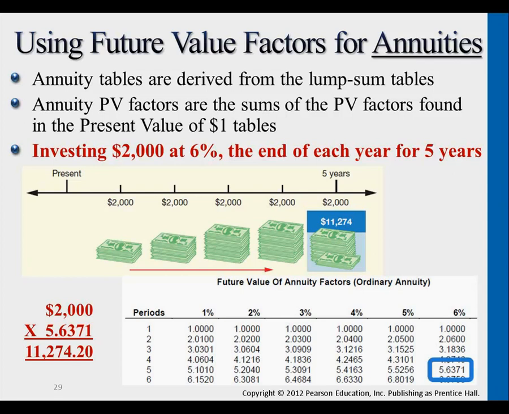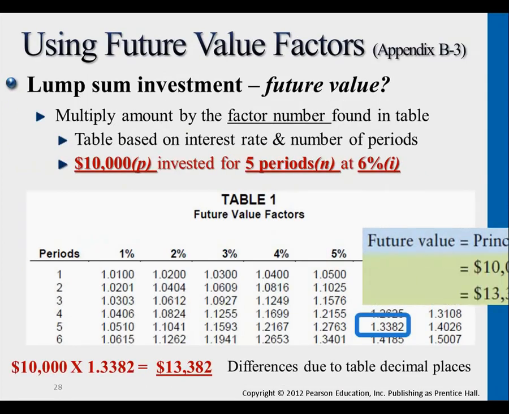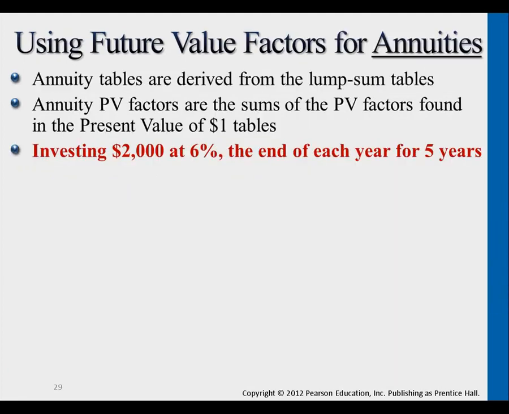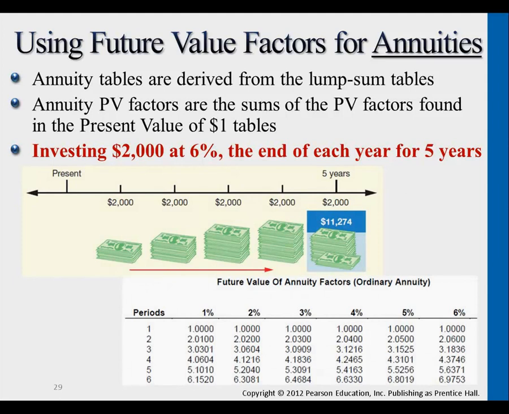When you're using the table, make sure you're using the correct one. The previous table said future value factors, and that was for the lump sum. For the annuity, we're using future value of annuity factors. Make sure you use the right one.